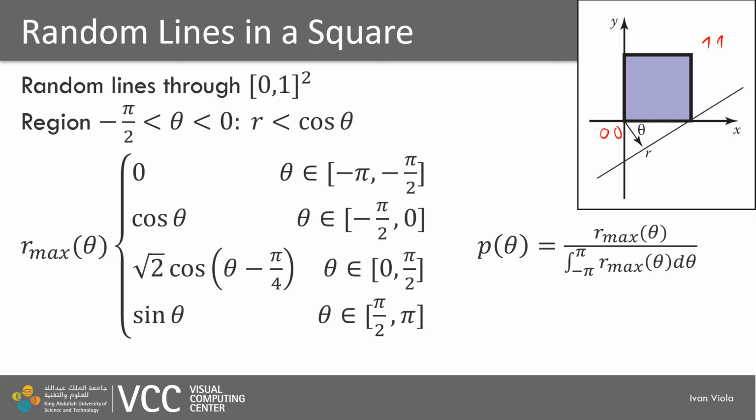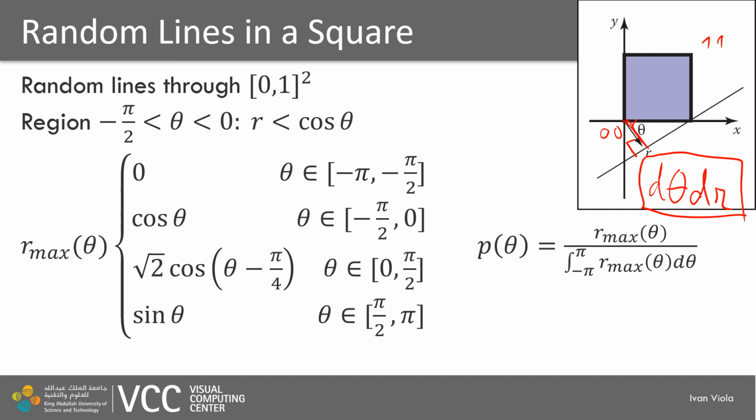Now let's define the lines by the normal parametrization, which is d theta dr. That's the most natural parametrization, and we can see that it is defined by the angle theta between the x coordinate and the normal of our line, and the distance of our line to the origin.